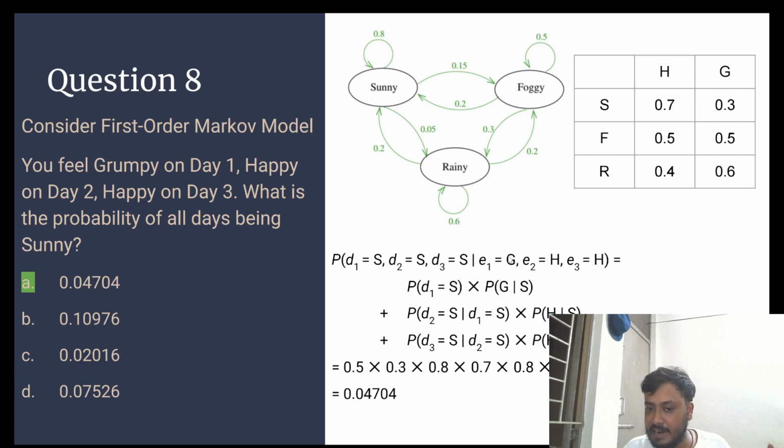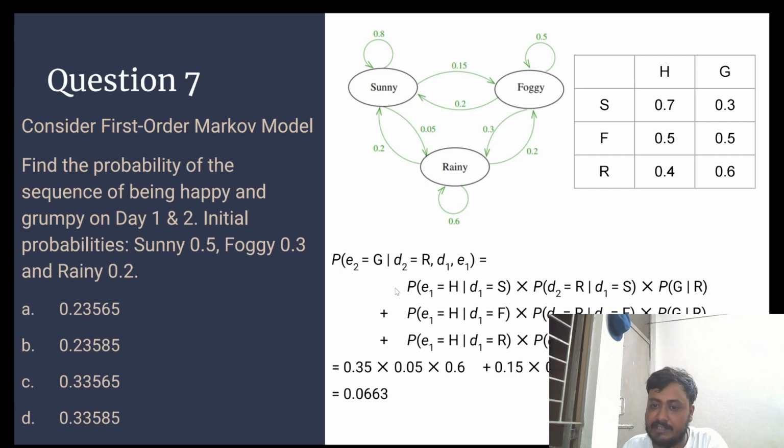In this problem, E will only depend on D. So Ei will only depend on Di, and Di will depend on Di minus 1. This is the only dependency that you need to understand. So you put in the probability equation first and then you solve one by one, as all the other things are independent. That's all. This is how it gets solved, even over here and also in the previous problem. That is the exact thing we were doing.